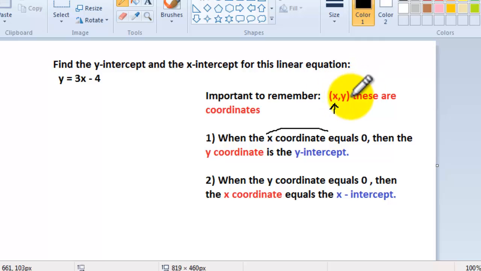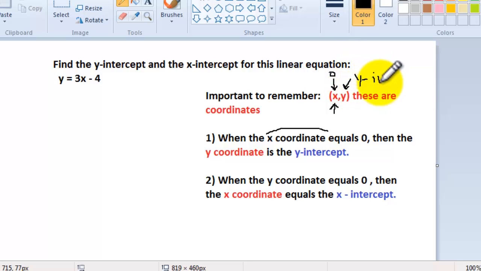X and y in parentheses like this are coordinates, and the x is only one part of the point. You have to plot a point using both x and y. When the x of the coordinate is equal to 0, then you will have a y-intercept. This y becomes the y-intercept.